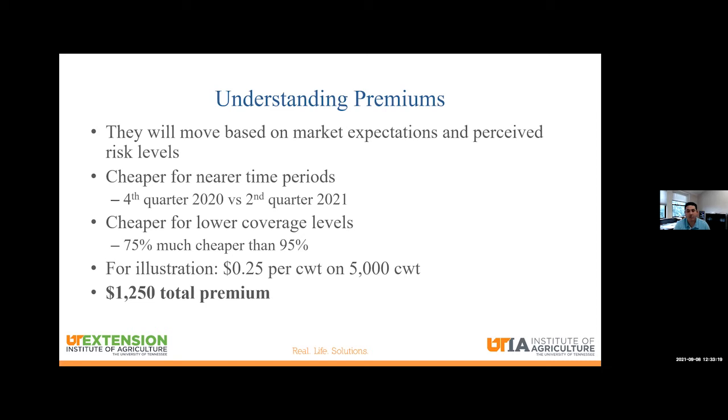So the further you go out, there's more risk, more uncertainty. Therefore, the price is going to be different. The more coverage you pick, the more it costs; it's cheaper for lower levels. It should be 80%, much cheaper than 95%. I apologize for that. But for this illustration, we lock in 25 cents per hundredweight on 5,000 hundredweight. That gives us a total premium of $12.50.